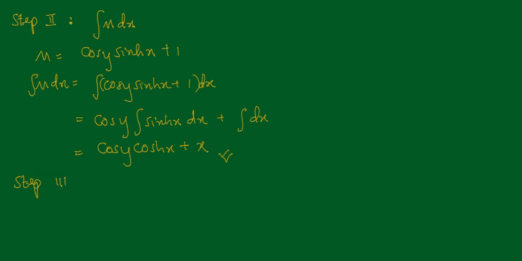We can then go ahead to evaluate step 3, which is to find the integral of the terms of N that don't contain x or any function in x, with respect to y.